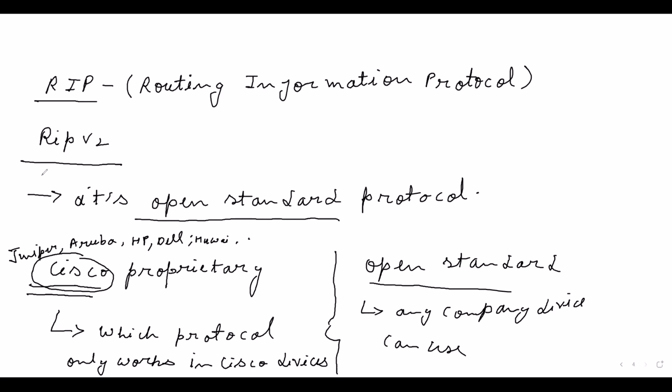So I was talking about RIP version 2. It's an open standard protocol, and we got the meaning of open standard. The next point is that it is a classless routing protocol. Again, a difficult word.